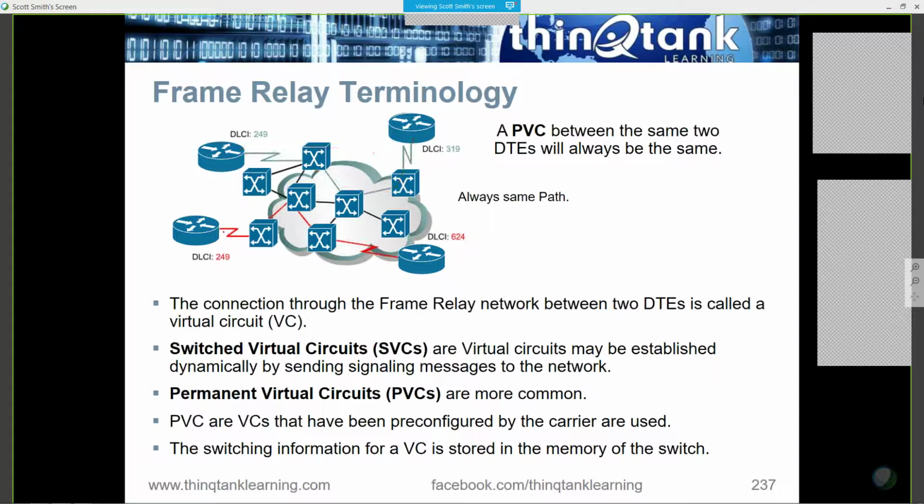And this guy should have been drawn down to here. The virtual circuit that gets created in the cloud is called a PVC, Permanent Virtual Circuit. SVCs are typically used for ATM, asynchronous transfer mode. We use PVCs for frame relay.